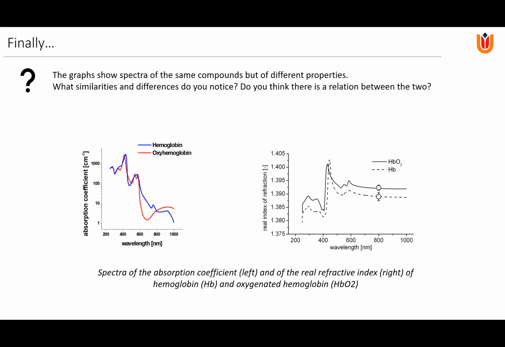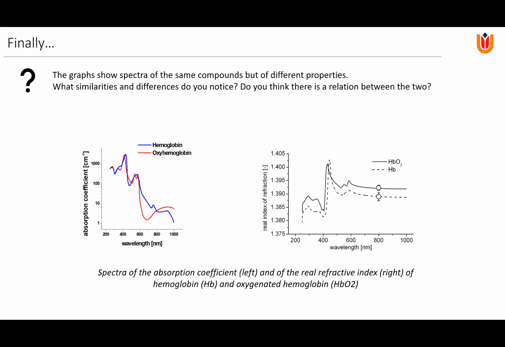What about the peaks and the valleys? Yeah, exactly that. If you look at this absorption coefficient, around 400 nanometers, there's a big peak in absorption for both compounds, and just around that, there is also a big upswing in the index of refraction.